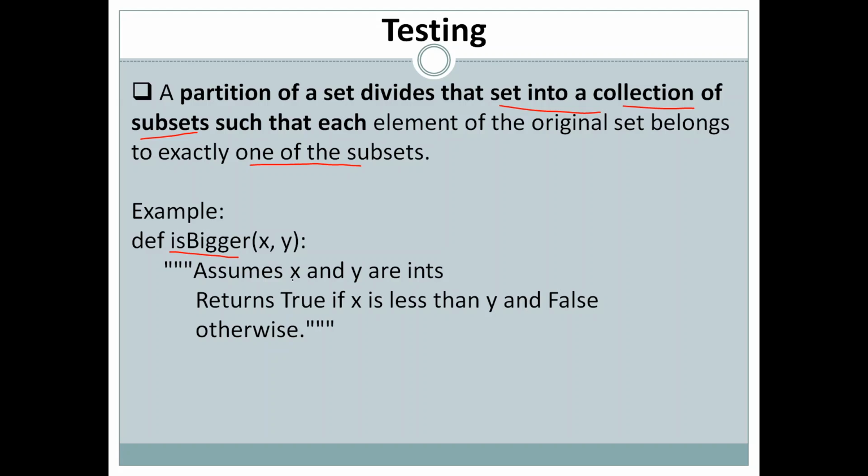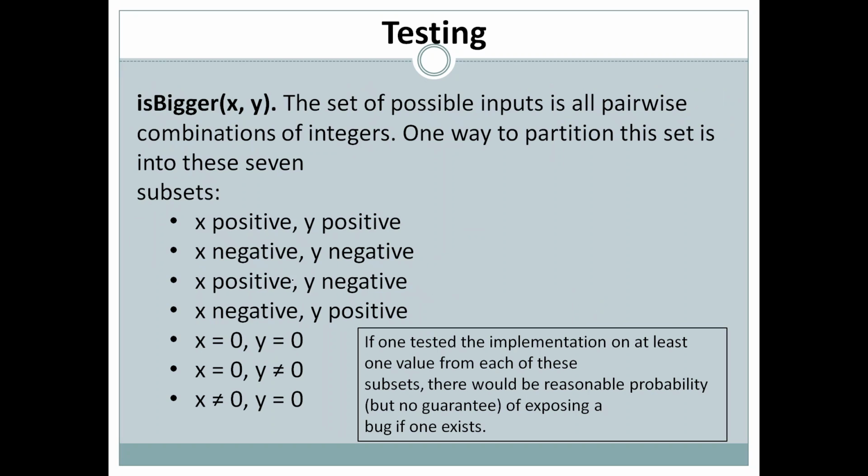So all sets of integers are the inputs for the is bigger function. But is it possible to test is bigger on all these inputs? Practically it is not possible, but we have to divide this input into some subsets.